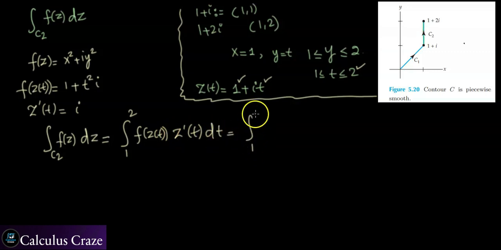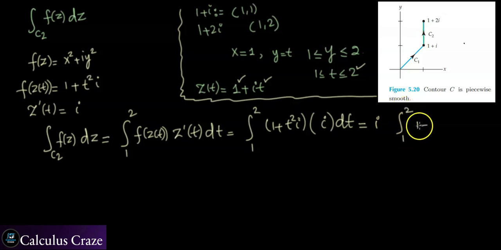So when you substitute, the f of z of t, which is 1 plus t squared times I, and you multiply by the derivative of z, which is I, and you integrate with respect to t, you will have your answer. I can take this iota outside of the integral, and then I integrate from 1 to 2 the function 1 plus t squared, times I, dt.